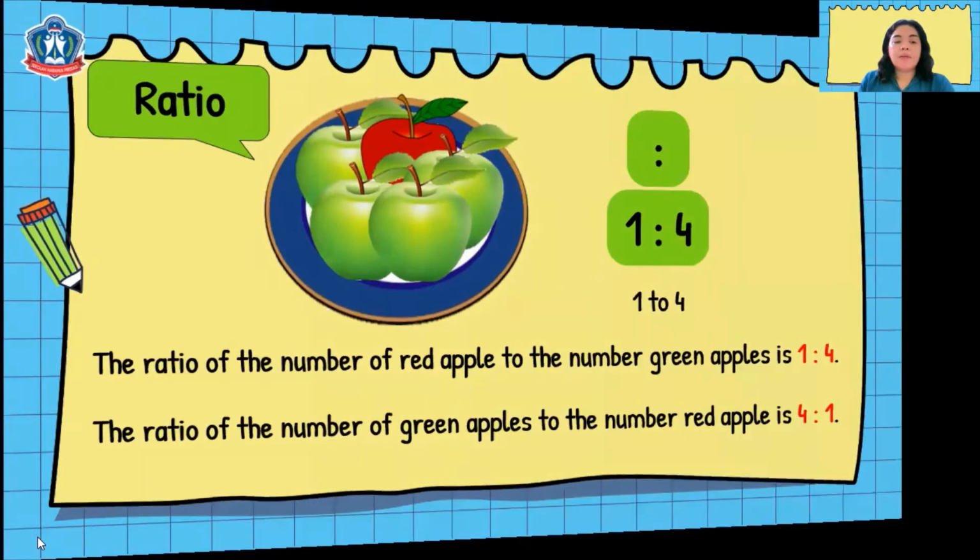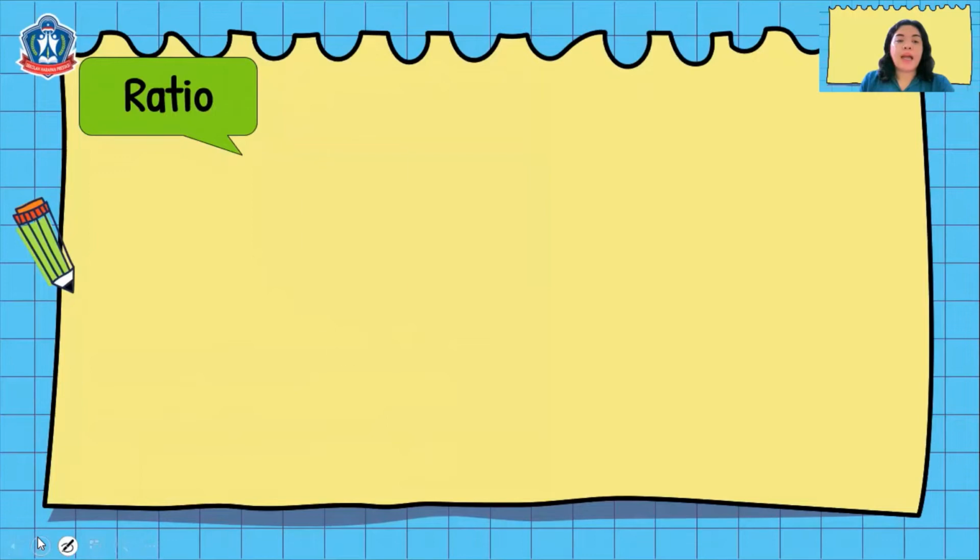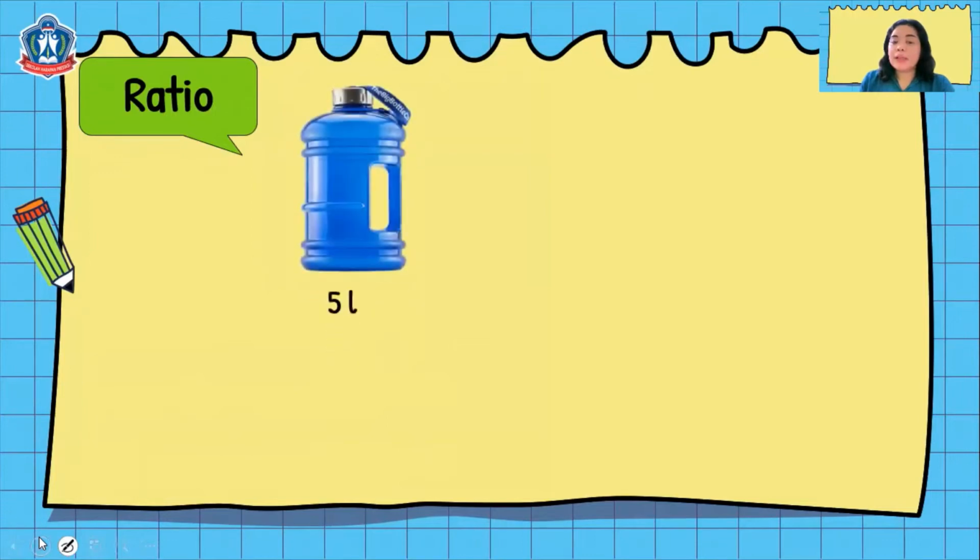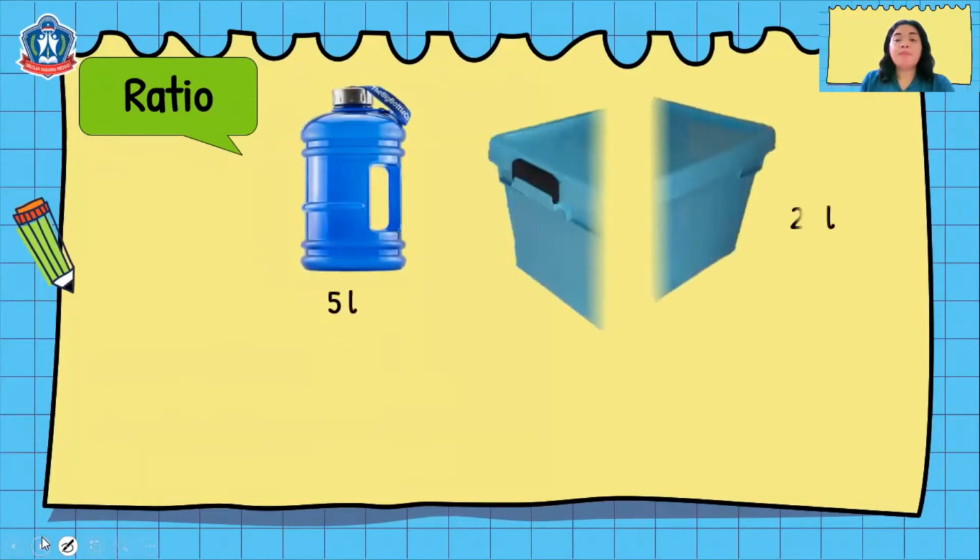Another example. I have here a bottle. The capacity is 5 liters. I have here a container box. The capacity is 20 liters. Again, ratio means the relationship between these two quantities.